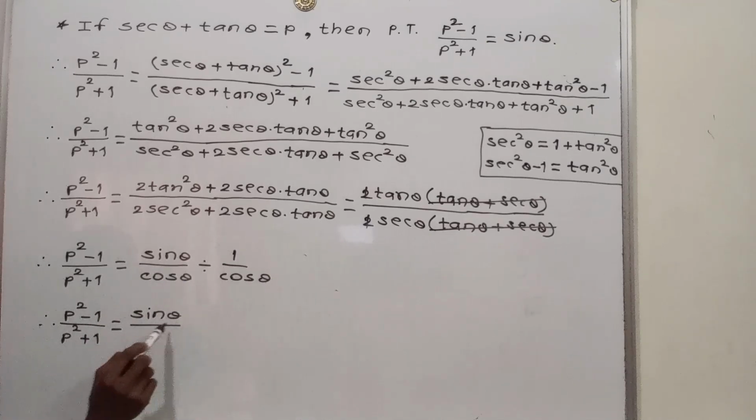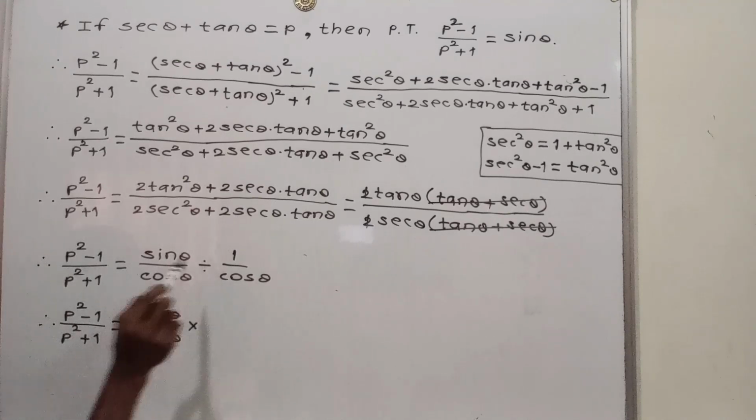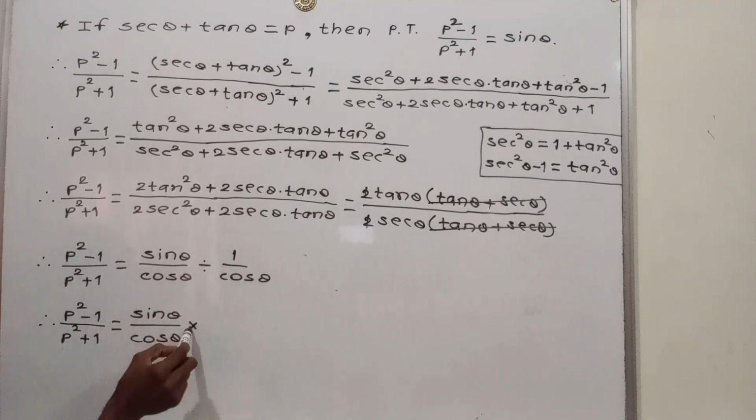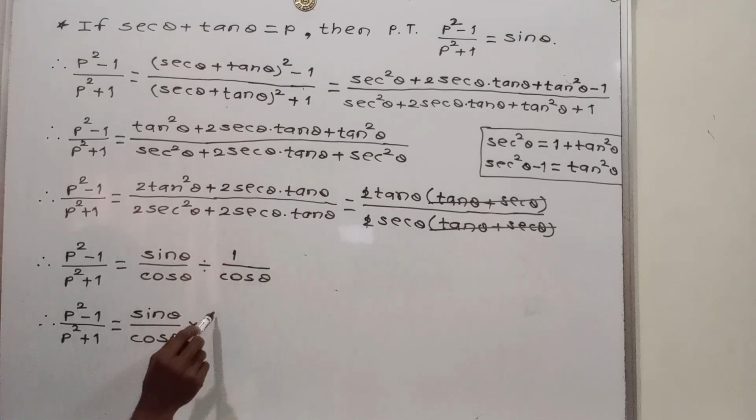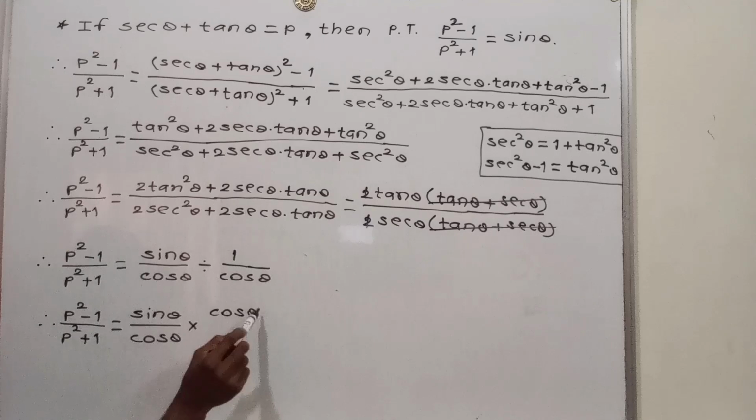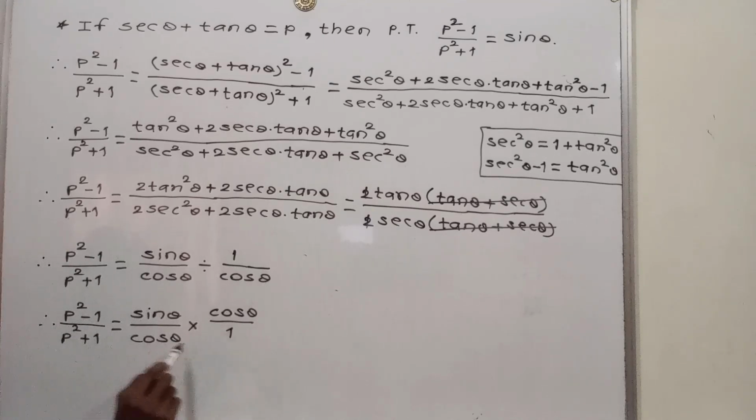sine theta upon cos theta. Multiplicative inverse. Here division. Then we take multiplicative inverse. Inverse of this. Cos theta upon 1. Cos theta cancelled.